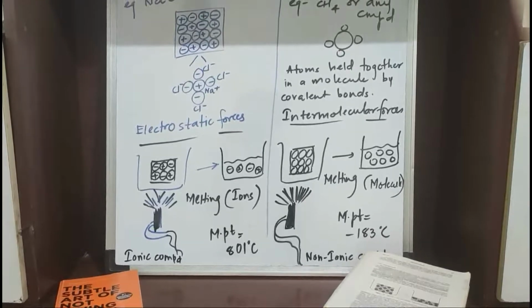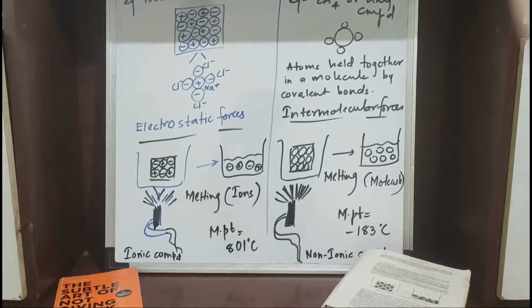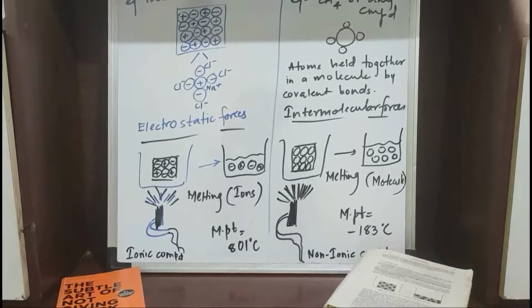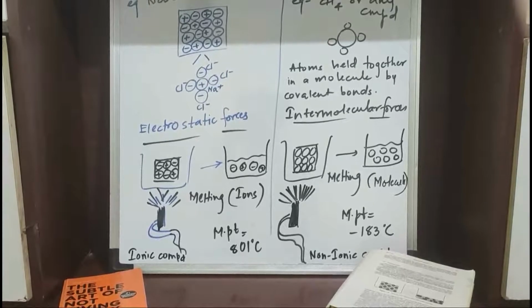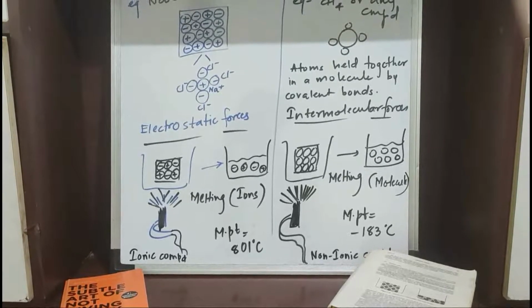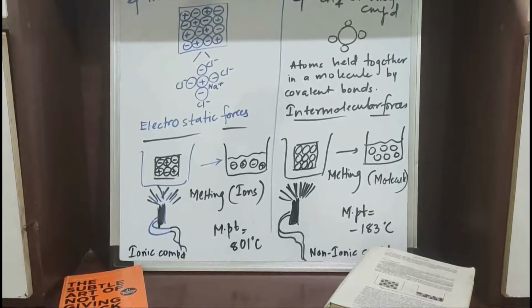If I take this non-ionic or covalent compound and start to melt it, after melting it will form molecules. The melting point of methane, as I've written, is minus 183 degrees Celsius.